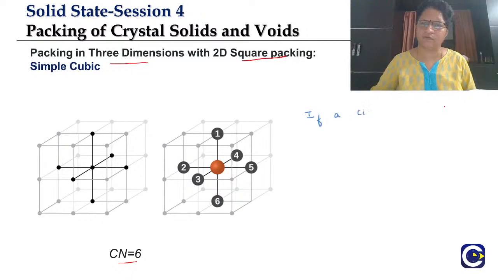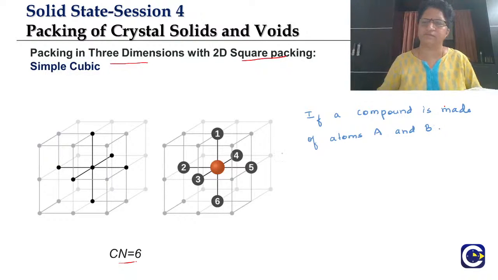If a compound is made up of atoms A and B, I'm making a little difference in the question. See if you can do it.